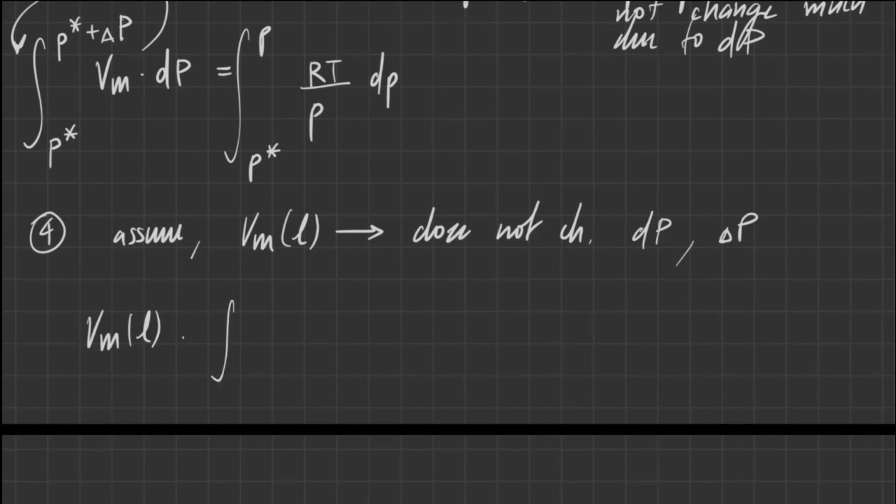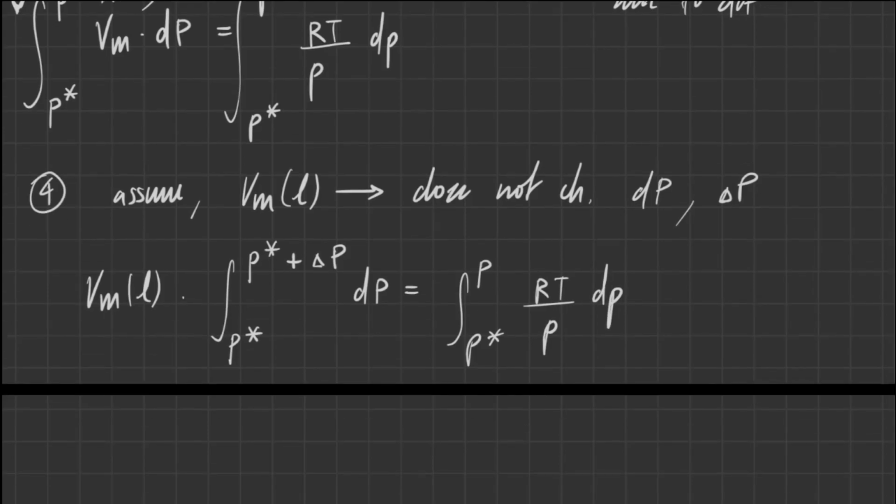times the integration of P star to P star plus delta P dP is equal to the integration of P star to p of RT over p dp.